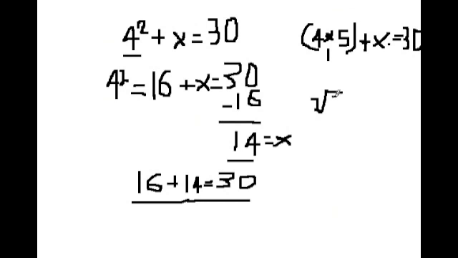If you have the square root of 30 plus x equals 30, the same rule would apply, but you would have to simplify this, or find the square root of 30.